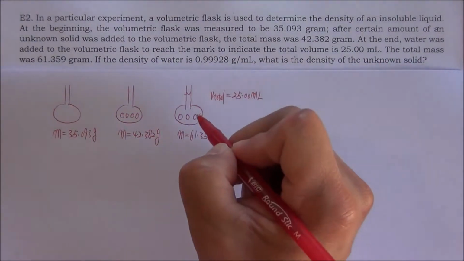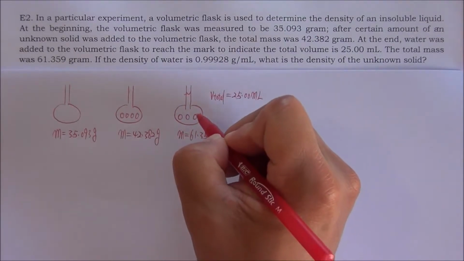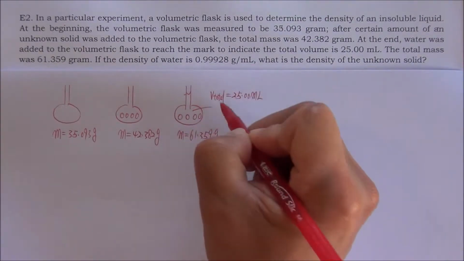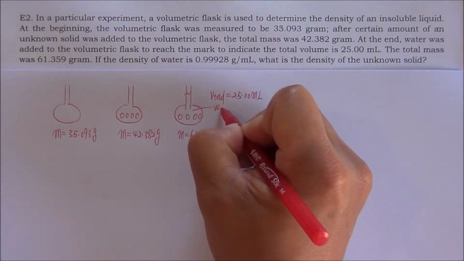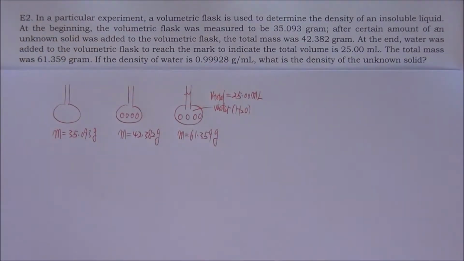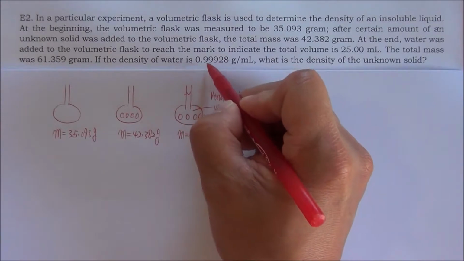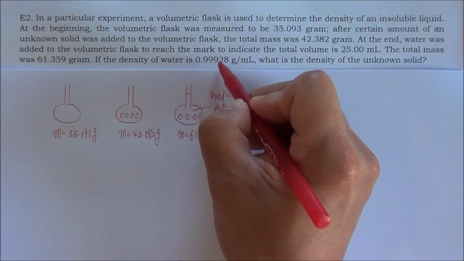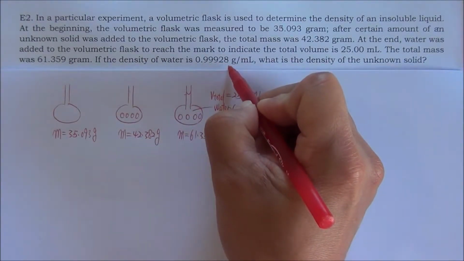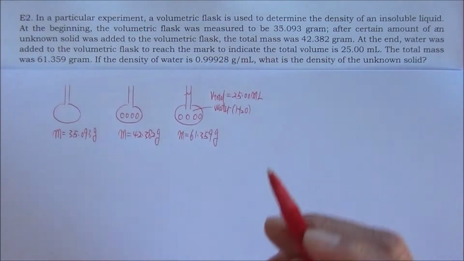From the problem, we know the liquid we added to the volumetric flask is water. You can write down water or H2O. Then we also know the density of water is 0.99928 gram per milliliter.